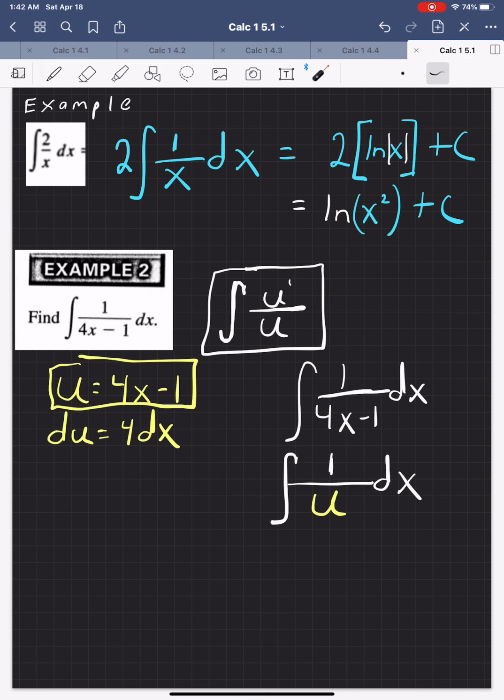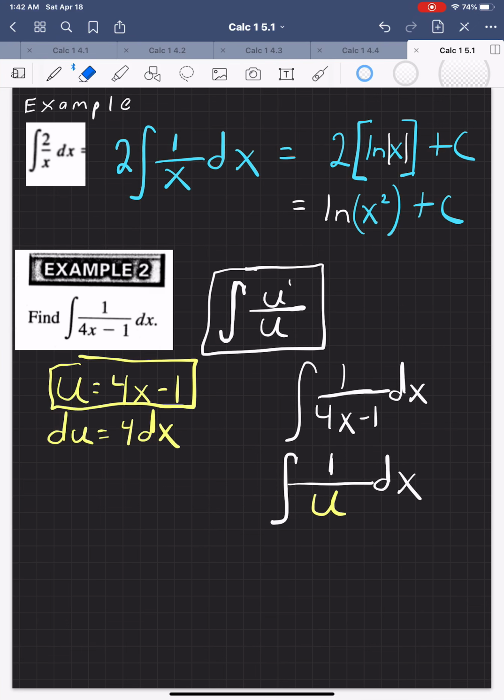So hold on, now let's go ahead and look at du. What I want is to insert a du for that dx, but let's look at our definition. In order to substitute, I need du. I need to have a 4, and I need to have a dx. Now, I have the dx, but let's agree that I'm missing the 4.